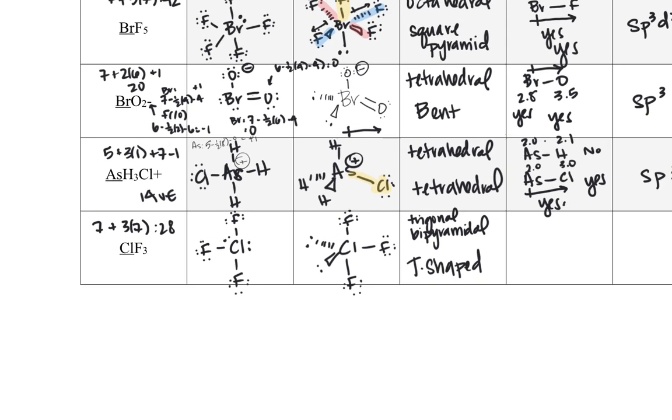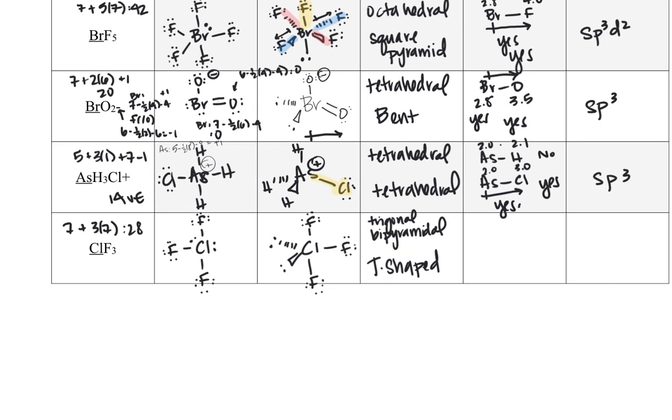So the next question asks about polarity. For the chlorine-fluorine bond, we have 4.0 for fluorine, and chlorine is 3.0. So this is a polar bond, yes. And so the question is, is it a polar molecule? The two fluorines in the axial position, the ones that go up and down, cancel each other out.